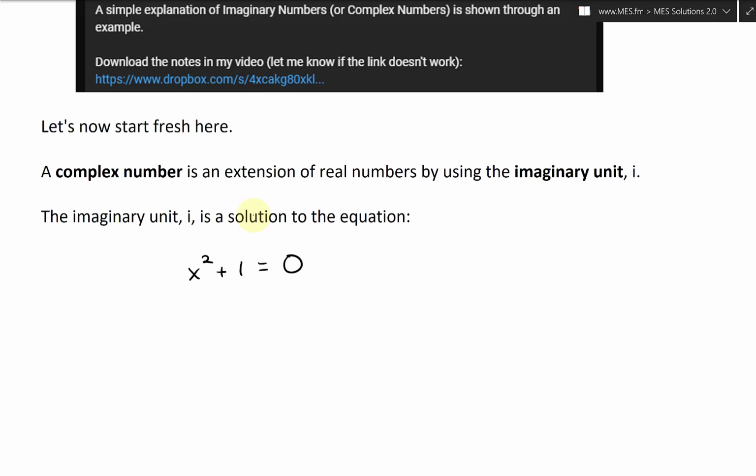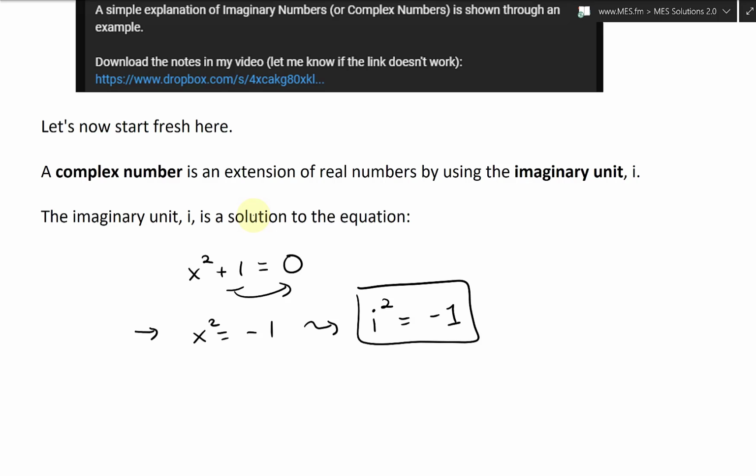So if we move this over, we get x squared equals -1. Because you can't use a real number, we'll just say the number is I. So I squared is equal to -1, like that.